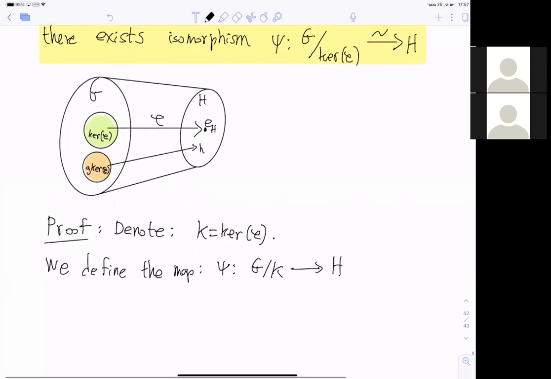By psi of gK, remember that elements here are shifts of K, goes to phi of g. Now we want to see that this map, first, is well defined, and second, it is an isomorphism.